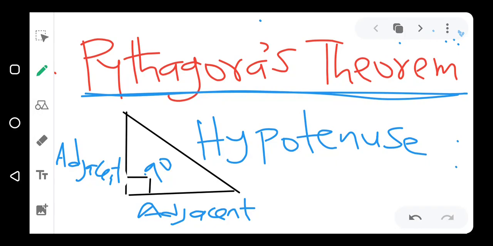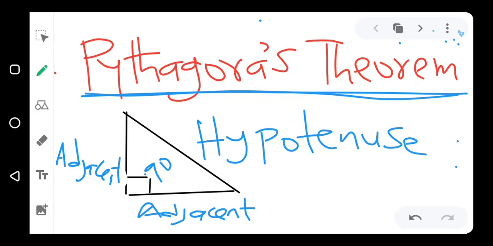This man discovered that in a right-angled triangle, there is a relationship that exists between the sides. And that relationship is what we call Pythagoras Theorem.